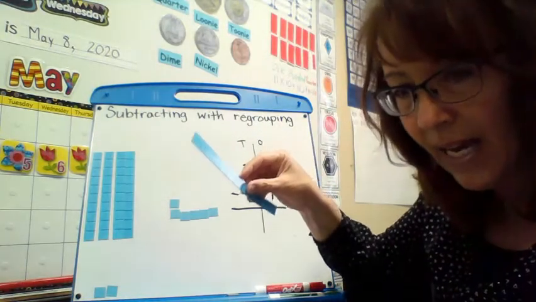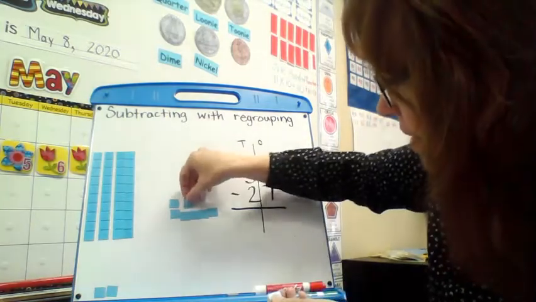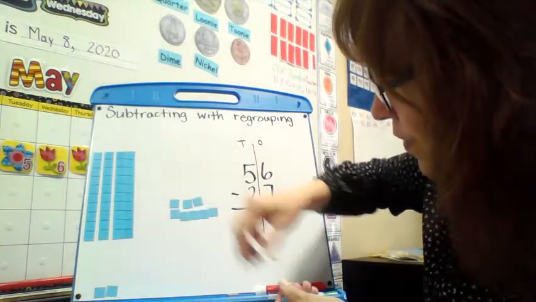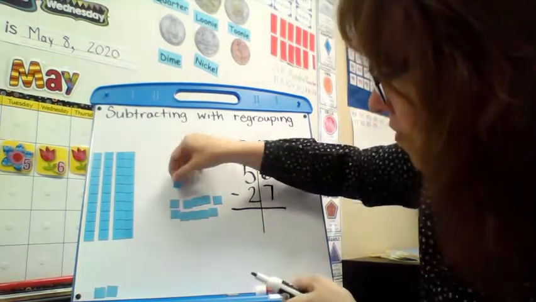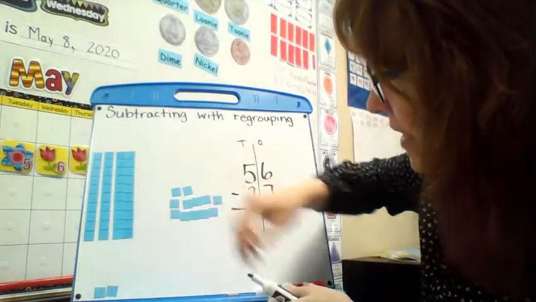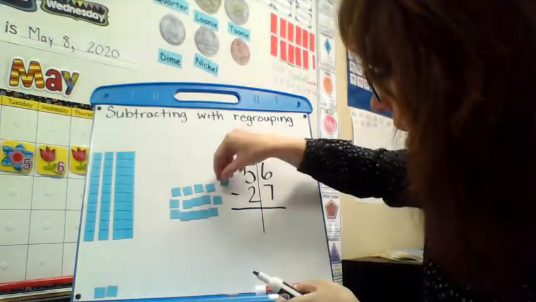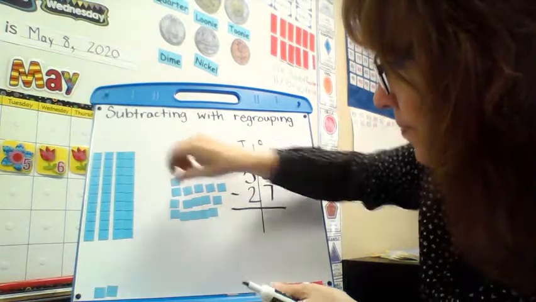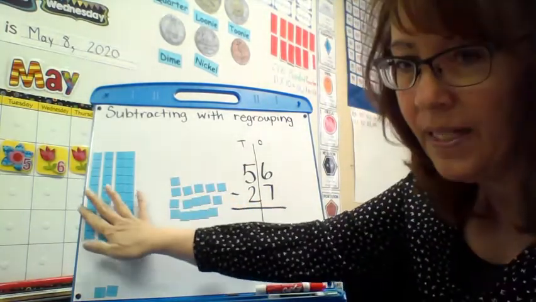So here's my 10. I'm going to split it apart and have 1, 2, 3, 4, 5, 6, 7, 8, 9, 10. Okay, so I've taken that 10 from the tens place.